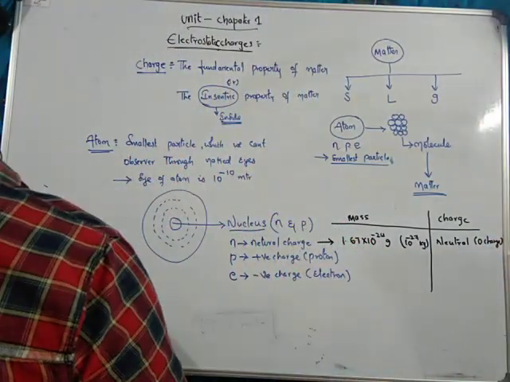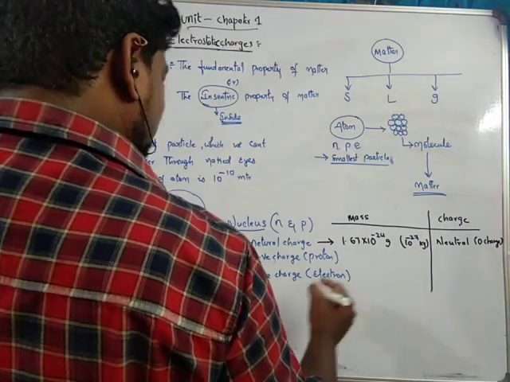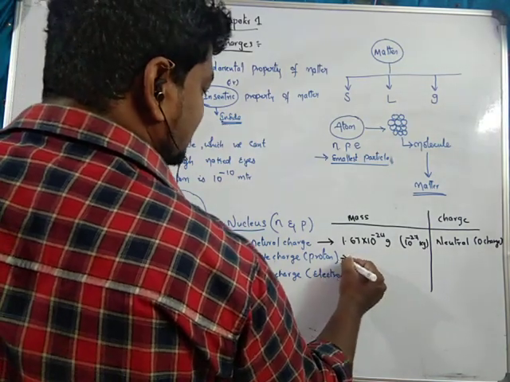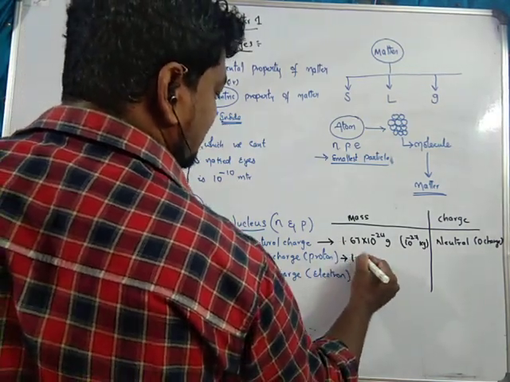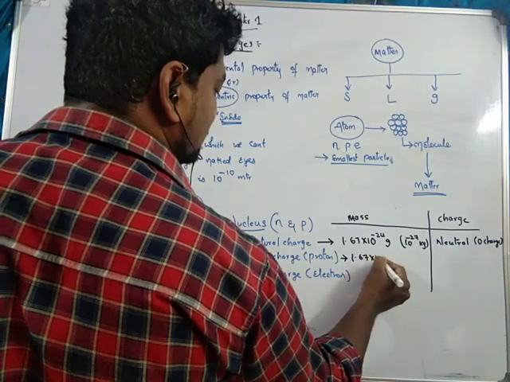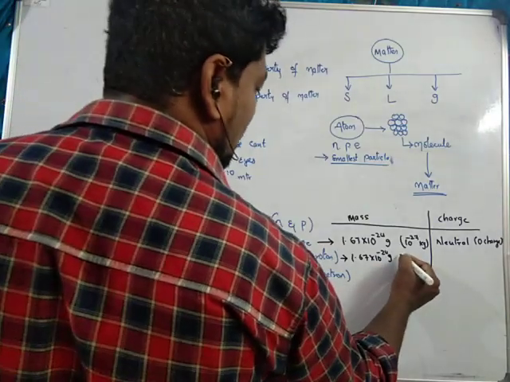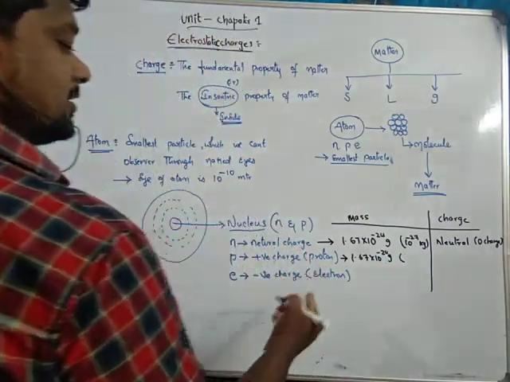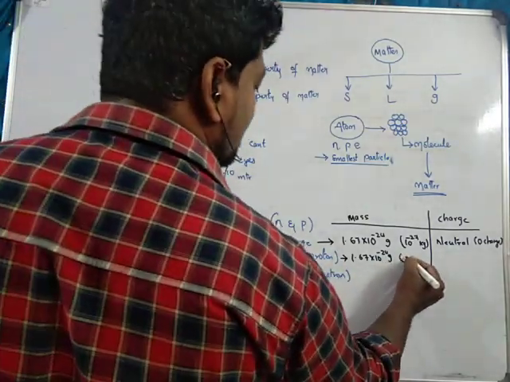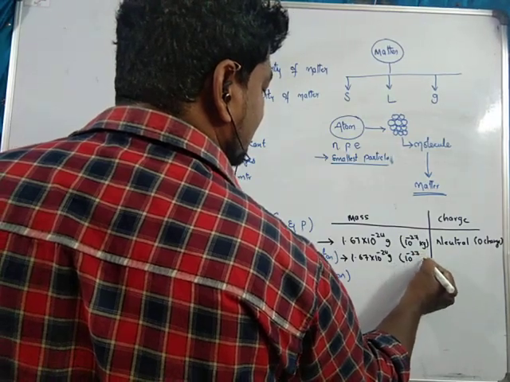Similarly, the mass of a proton is equal to the mass of a neutron. It's also 1.67 into 10 to the power of minus 24 grams, or in kg, 1.67 into 10 to the power of minus 27 kg.